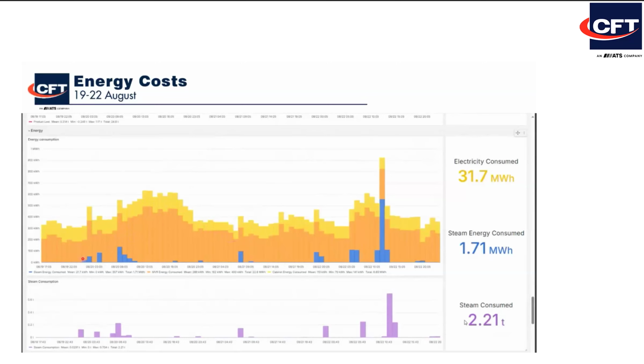Once again, we can correlate these consumptions of steam to the moments where the machine was recirculating on itself, because those are the moments where the incoming flow of product becomes cold, not arriving anymore from the hot break but being recirculated, and those are the moments where a modulating valve has to transfer some makeup steam. In total, we had short of 32 megawatt-hour of electricity consumed and 1.7 megawatt-hour of thermal energy.